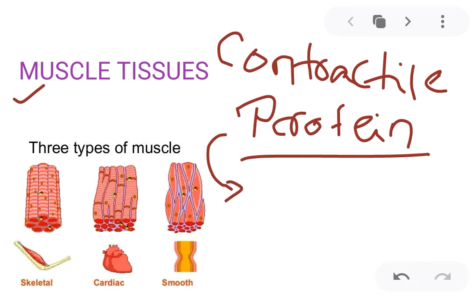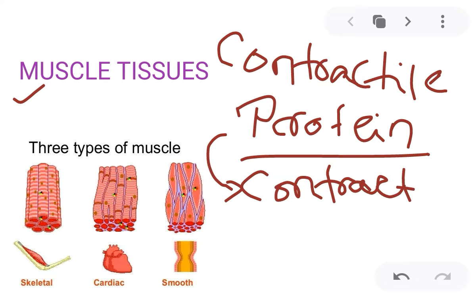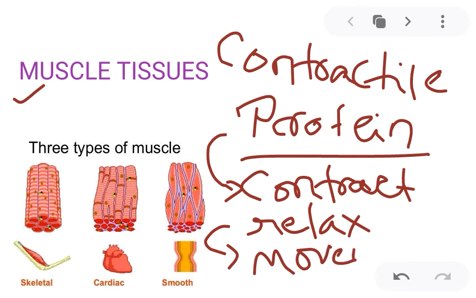Automatically that leads to movement in the animal body. So contractile proteins, sometimes they contract, sometimes they relax. So because of contracting and relaxing, what will happen? That particular muscle tissue can perform some movement, that leads to movement in the animal body, right or not?